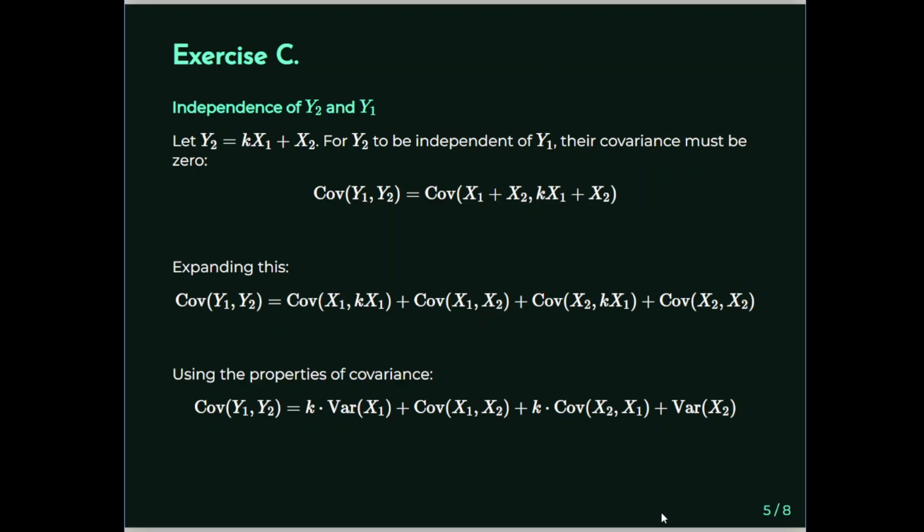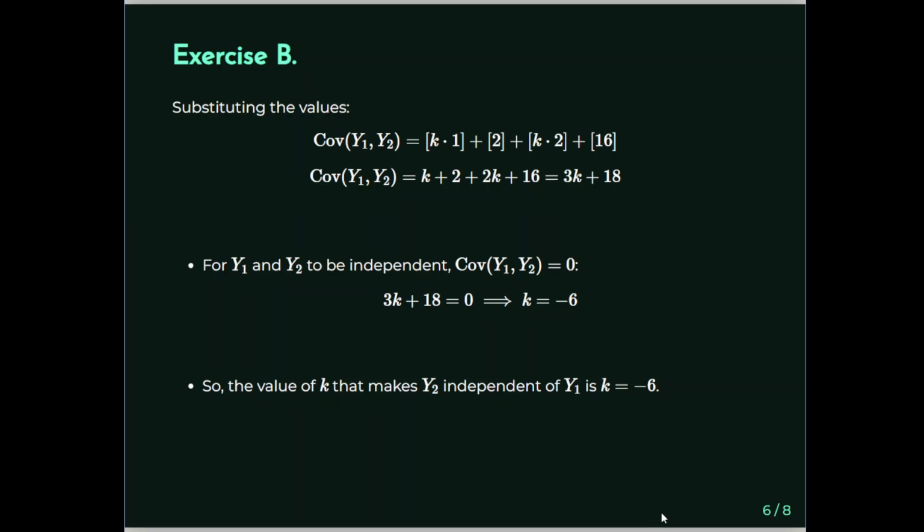The key thing is that if you have a constant term in the covariance, you can just bring it out, multiplying it outside of the term. So that becomes k times 1 plus 2 plus k times 2 plus 16. That works out to be 3k plus 18.